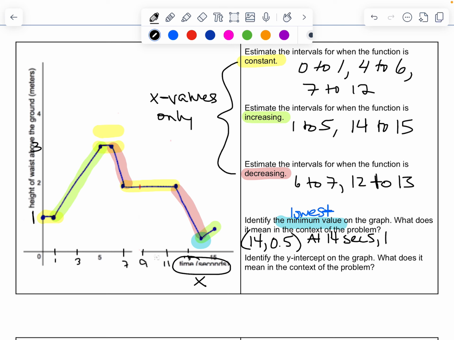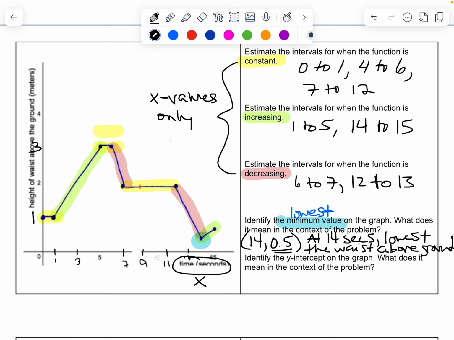That's the lowest, in this case, the height of the waist above the ground. So at 14 seconds, the lowest the waist is above the ground. How low is it exactly? It is 0.5 meters.